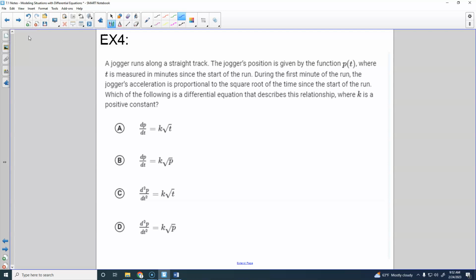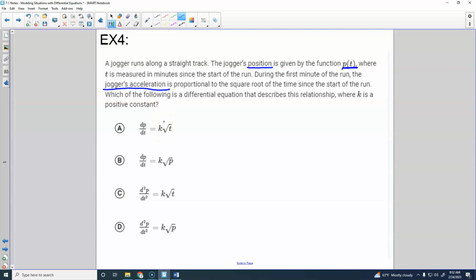All right, let's see here. So jogger's acceleration, P, what does P stand for? Position. So the jogger's acceleration, is that our first derivative or our second derivative?